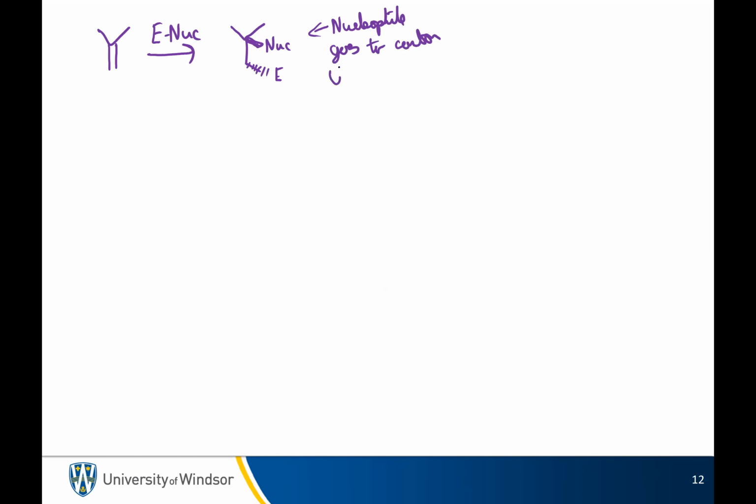So, what have we learned? We learned that these things come in opposite to each other. You get trans, and the nucleophile goes to the carbon that makes the more stable positive charge.